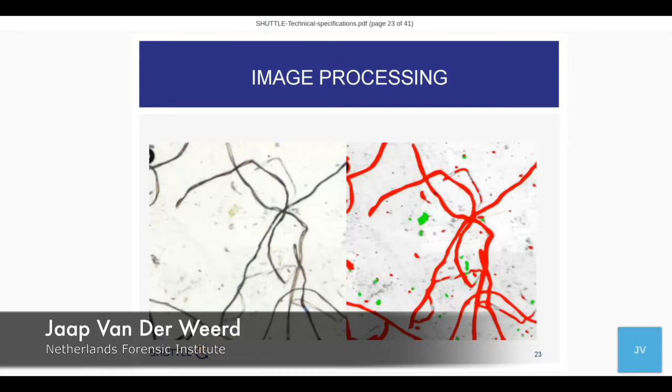If you think something is a fiber, make it red. And that's what you see here. To the left of the screen is the original image. To the right, there's the overlay of the image classification, the trace classification scheme. Well, not perfect, but it works. It's a first start. So something like this, that's what we need.